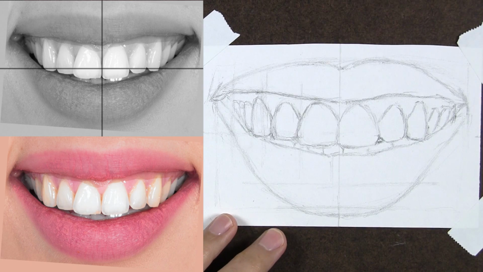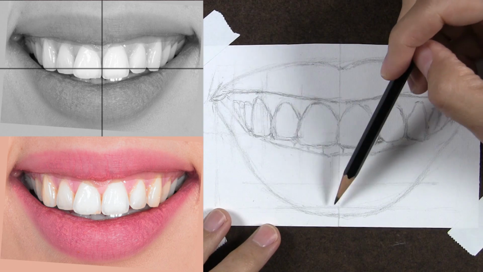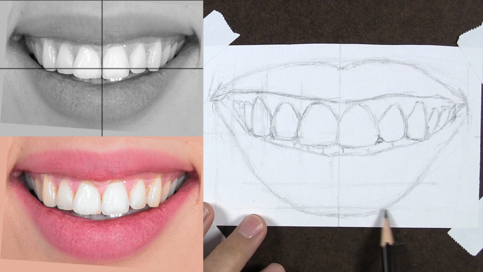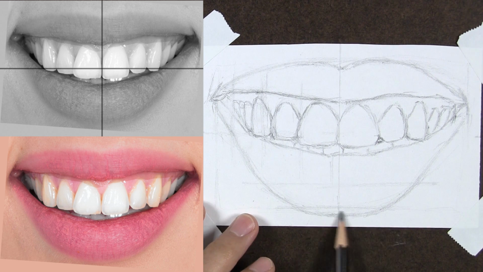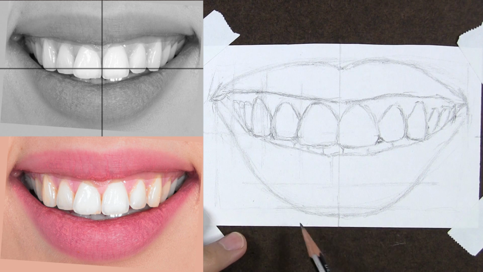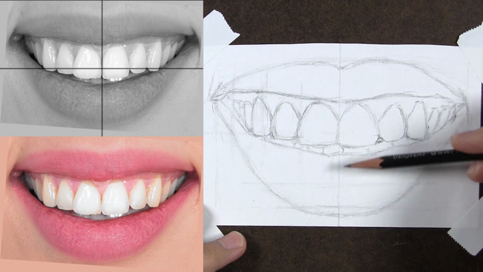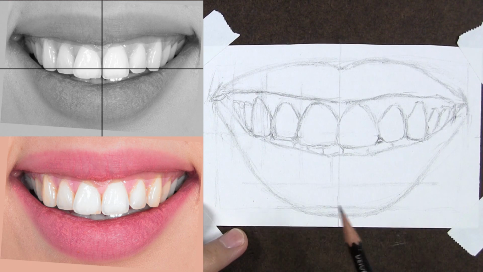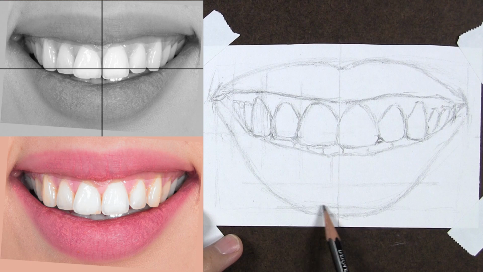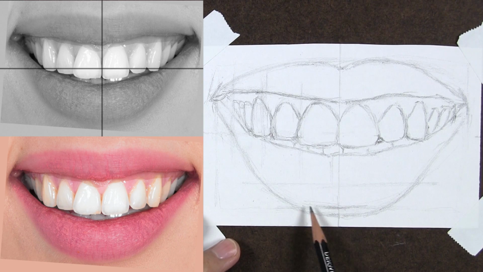As I look at the photo, I see that the lip, which I initially blocked in to be here tentatively, I want to bring that up a little bit higher, so it's not quite as thick down here. Compare it with the top lip. So we're just going to make the bottom of the lip right about here instead.